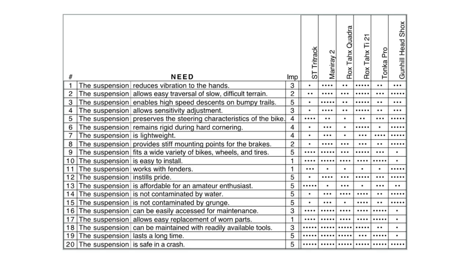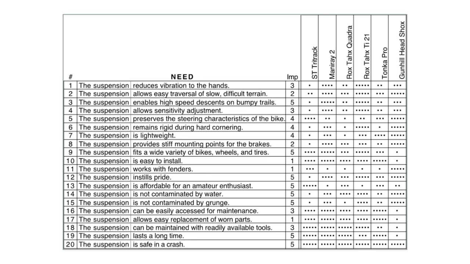One example: need number 1, the suspension reduces vibration to the hands, with an importance level of 3. For competitor product number 1, it has 1 dot.